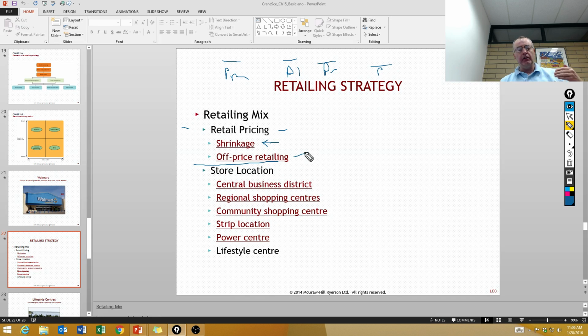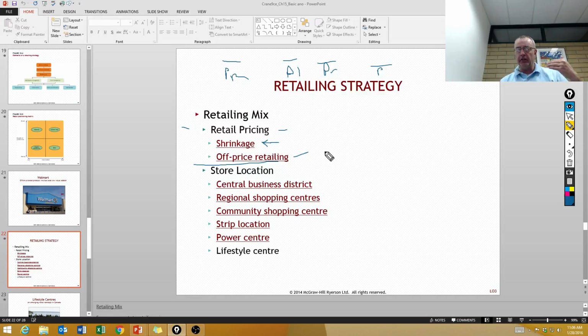This is where the vendor sells branded merchandise below the regular price, and the retailer buys the inventory directly from the manufacturer, who sells surplus inventory at sub-wholesale prices. We have three versions of off-price retailing.